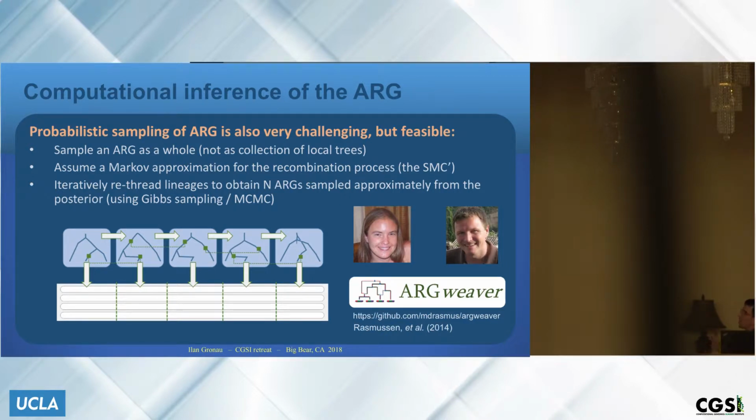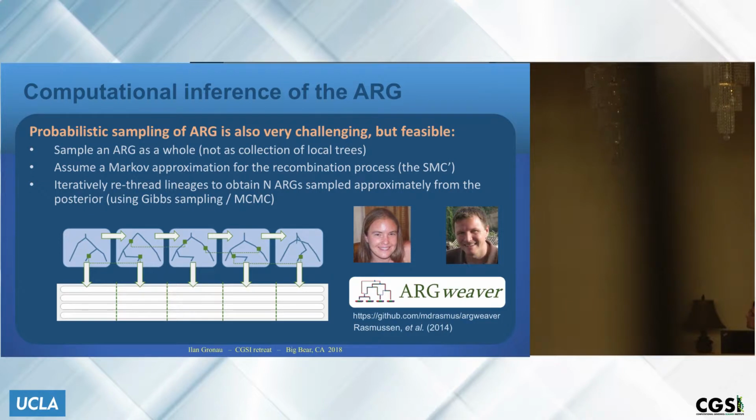This seems like it would be a great model for recombination. It turns out that the actual model of recombination is not Markovian, so this tree here is not independent of this tree once you know this tree in the middle. So there are some long-term correlations, but you can get away with that.